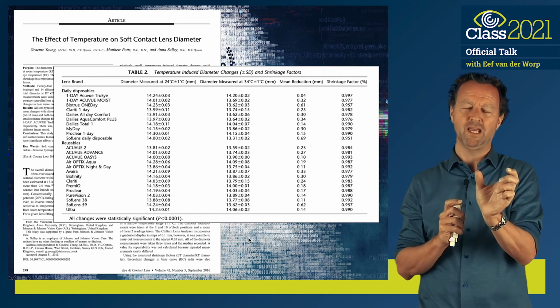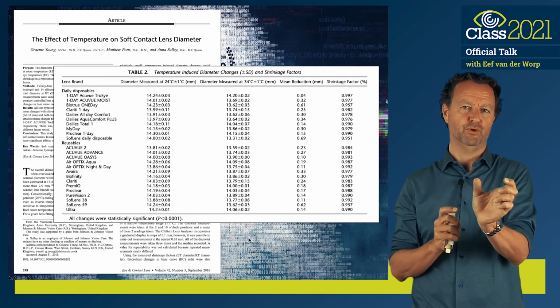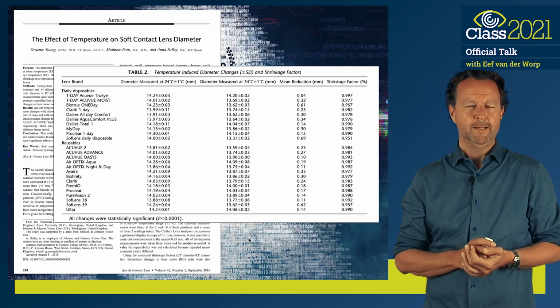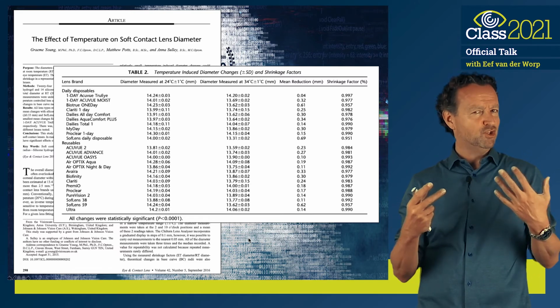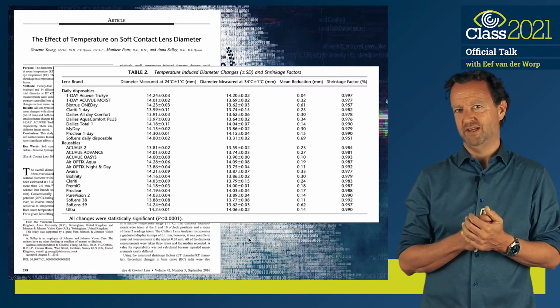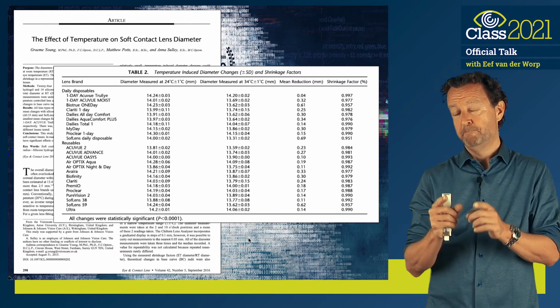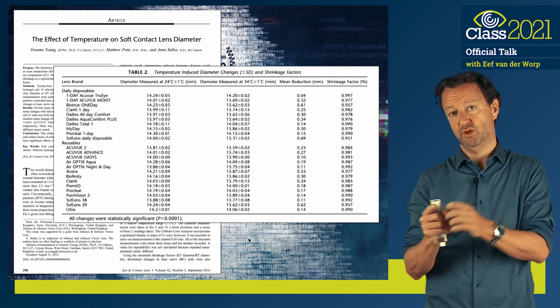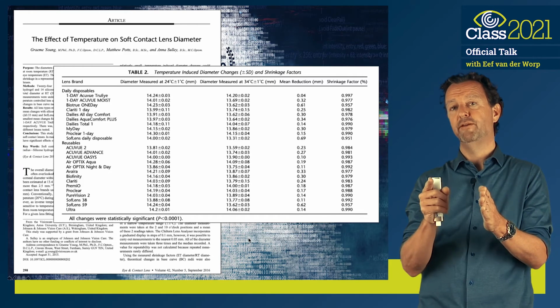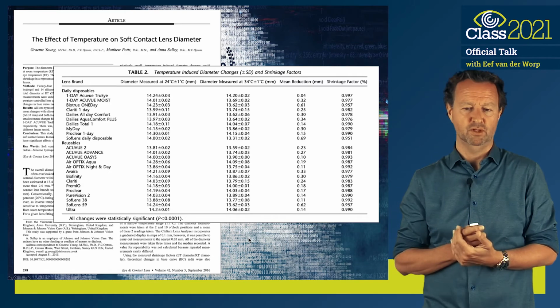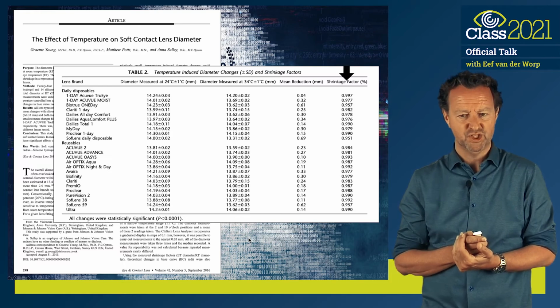We're going to look at diameter as a surrogate first for sag. Now what happens, and I'm not sure if many eye care practitioners know this, but a soft lens shrinks on the eye because of the temperature difference. So if you go from 20 to 34, the lens actually shrinks. By how much?